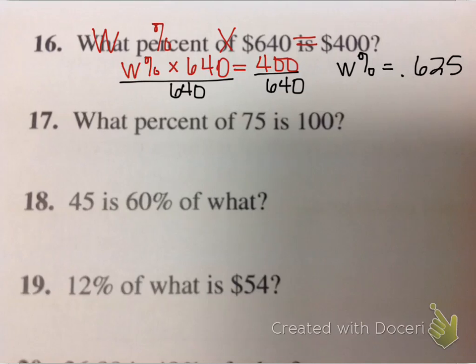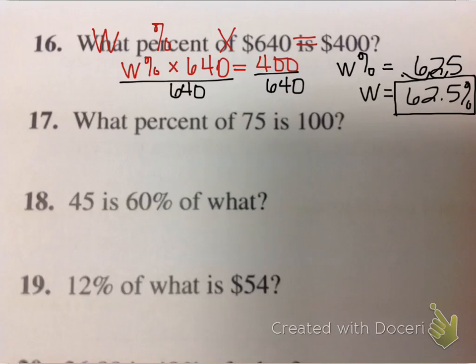Since they want the answer as a percent, I have to move my decimal point 2 places to the right to get that percent. So my answer is 62.5%. So 62.5% of 640 is 400.